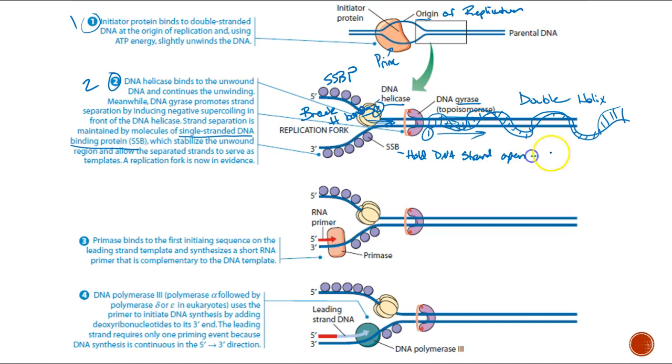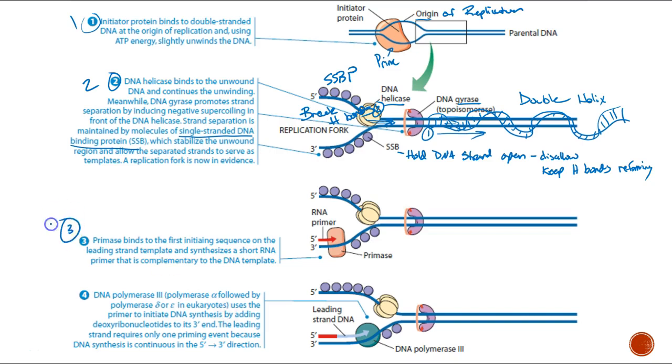They keep the hydrogen bonds from reforming. If you didn't hold this strand open with the single-strand binding proteins, then right behind this helicase, as it moves down this molecule, the hydrogen bonds would just reform, and you would be unzipping and zipping the DNA molecule at the same time.